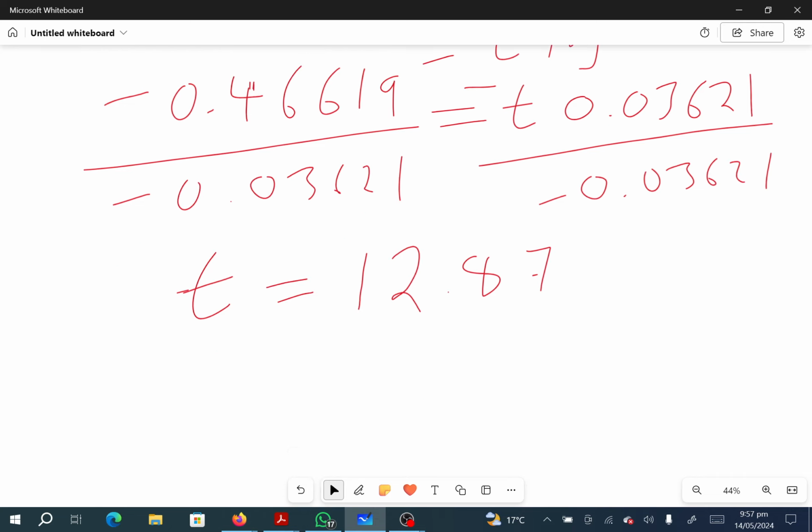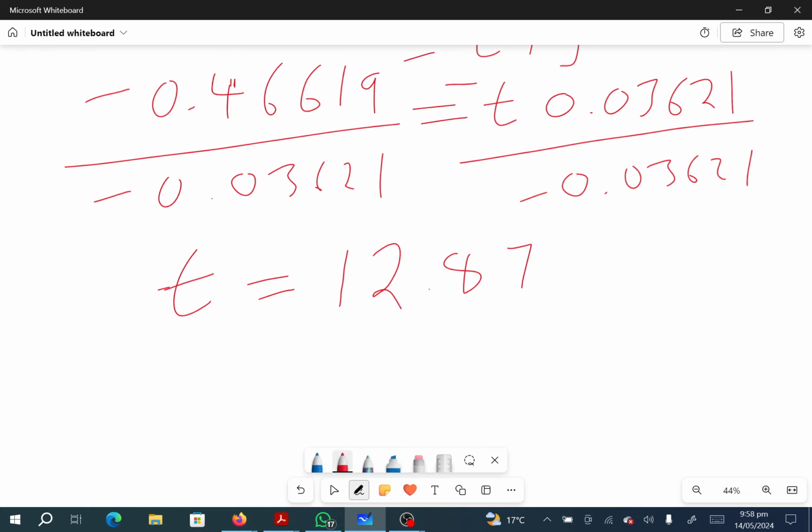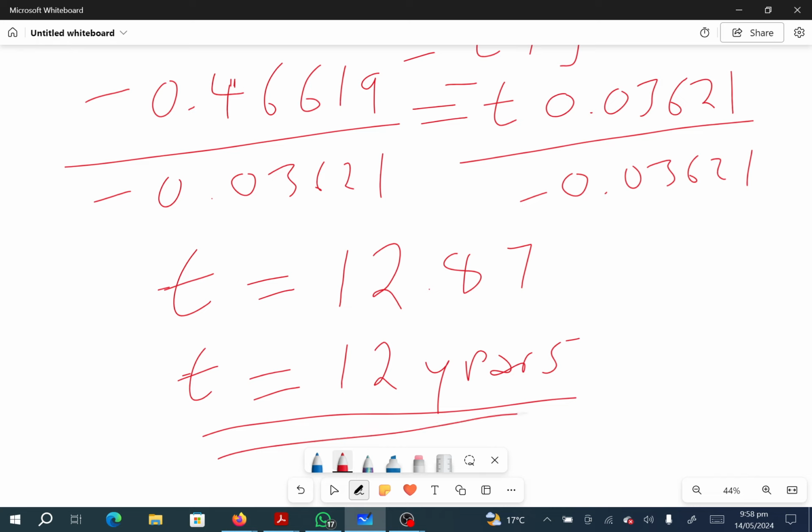So our t, our time in years, is equal to 12 years, or you can still round it off. So this was the answer.